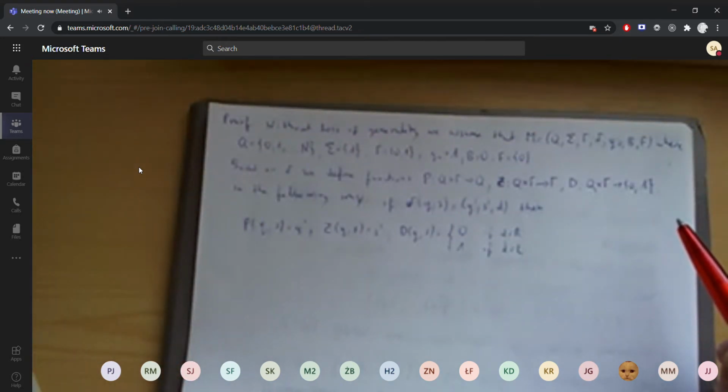And now let's look at the computation of m.